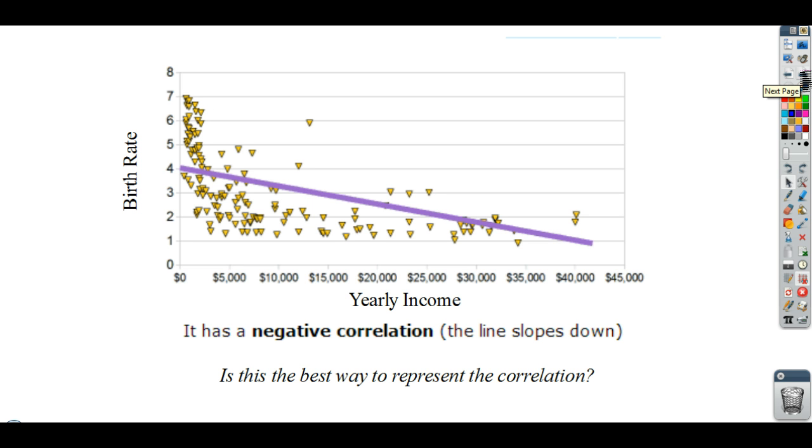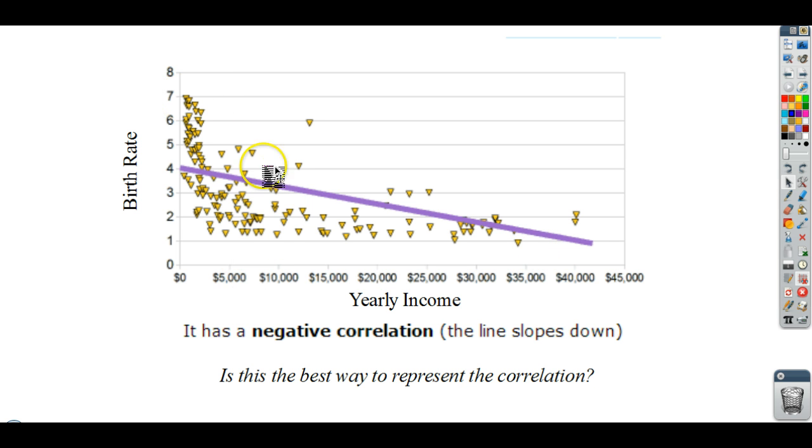The yearly income is on the bottom. You can see as the yearly income goes up, the birth rate drops. One of the other things you might notice is there aren't very many data points over here, not a whole lot, and in here, a lot of data points.